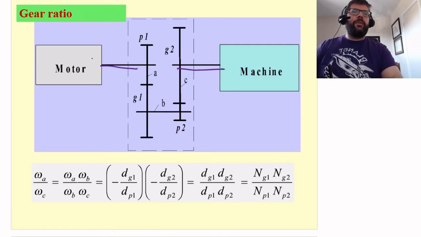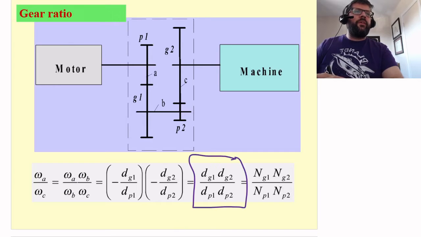So the exact rotational speed of that intermediate shaft cancels out in terms of the inputs and outputs, and it's just based upon a combination of the ratios of either the diameters of the relative gears.